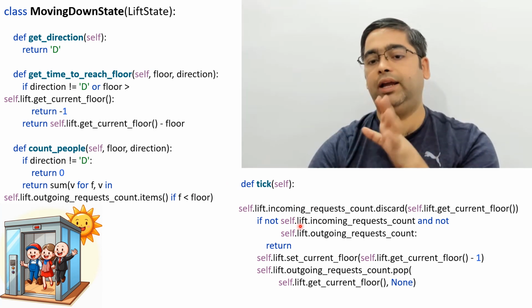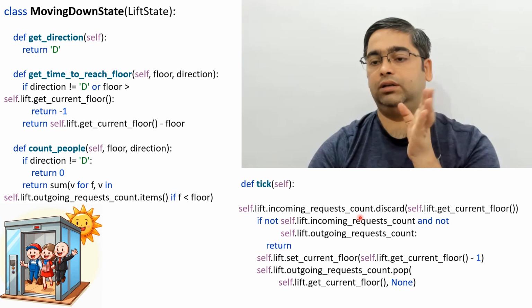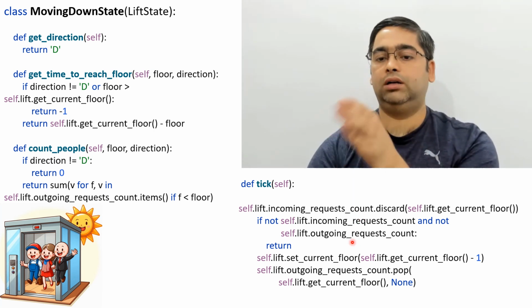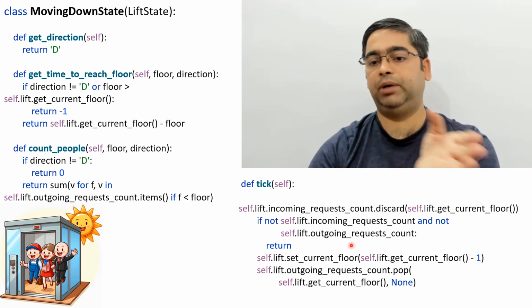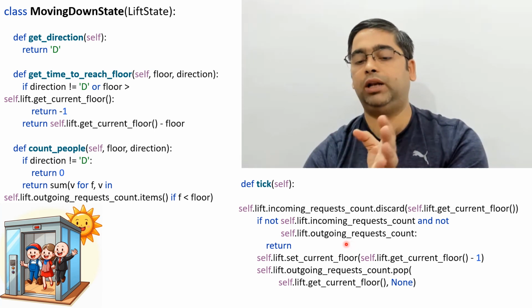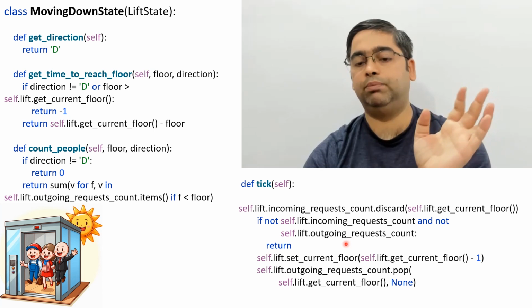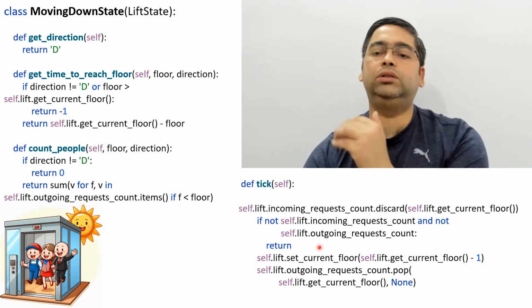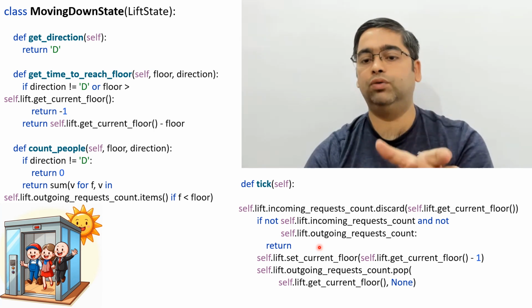For the tick, again it will first discard the older requests, then it will check if the lift has become empty, that is, no incoming or outgoing requests are there, no more people are there. If that is the case, it will simply return, because now the lift has come to idle state, there is no one inside the lift.